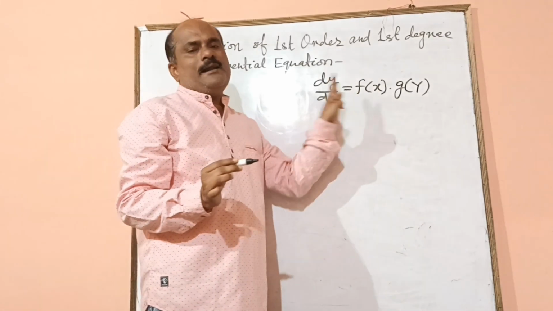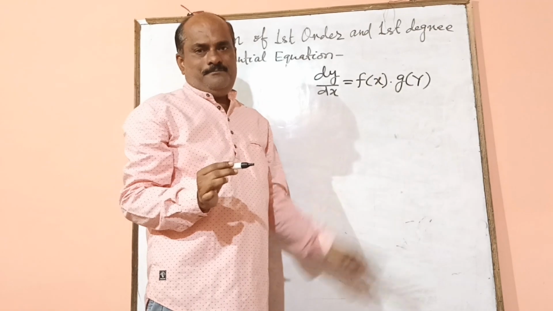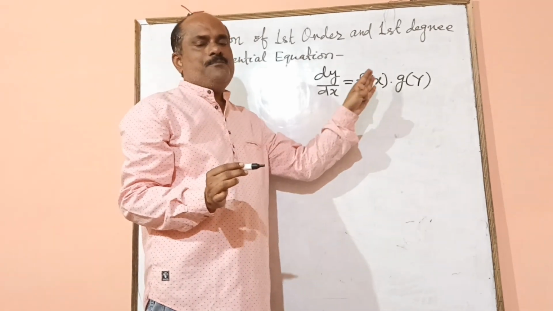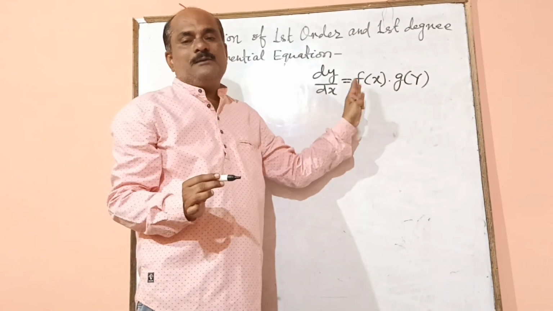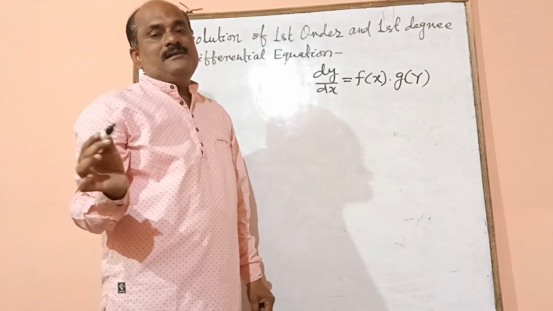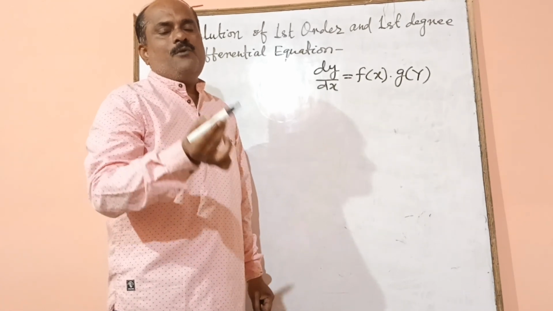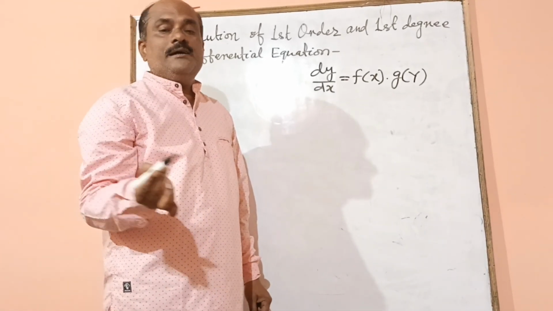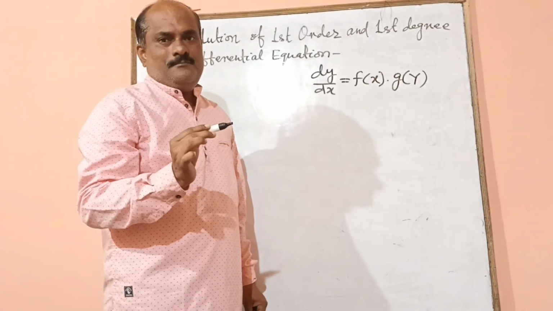Here there are two variables, one is x, another one is y. Function of x and function of y are in multiplication position, they are multiplied. So we can easily separate f(x) dx and g(y) dy. Then we can integrate it and find its solution.